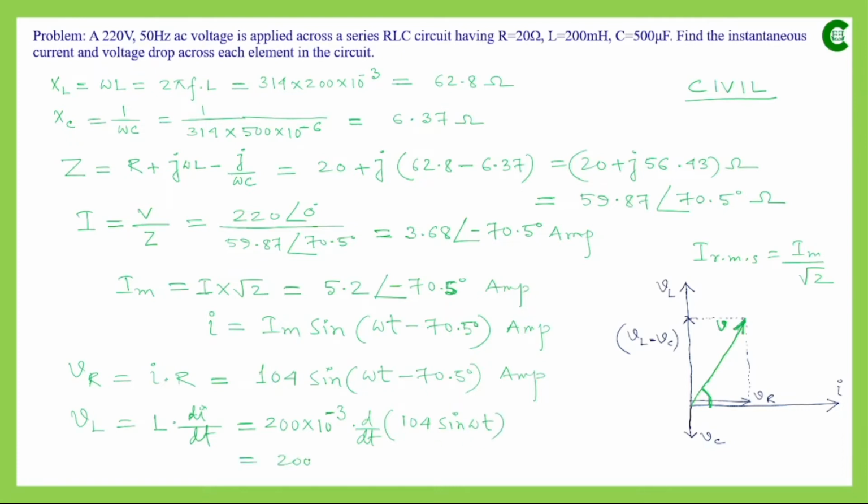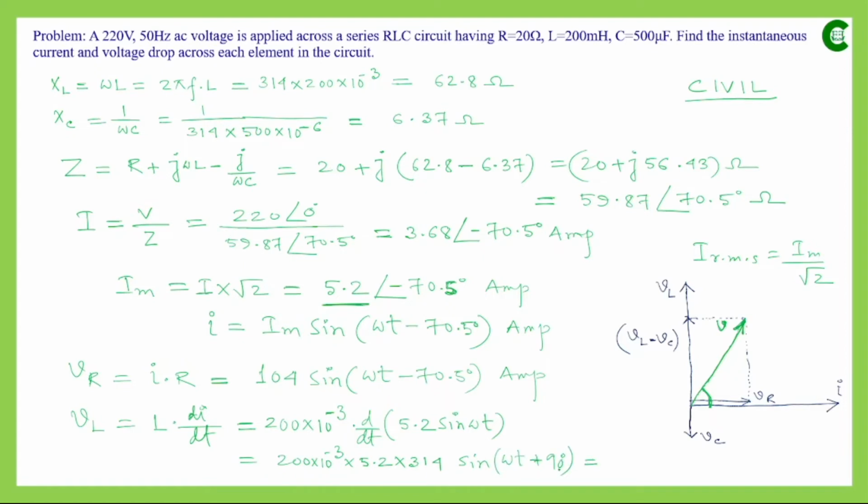So it will be finally 200 times 10 to the power minus 3, and from here we will be getting the 5.2 as per the rule of differentiation. The net current is 5.2, it is not 104, so here we will write 5.2 and then omega, which is 314, since 2 pi f with f equal to 50 hertz gives 314. Then it will be cos omega t, and cos omega t, if we want to represent in terms of sine, we have already seen that it can be represented as sine omega t plus 90-degree.